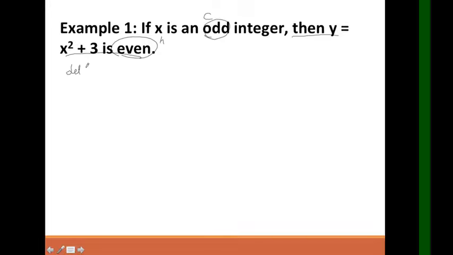let x squared plus 3 is an odd number. So this one is an odd number.